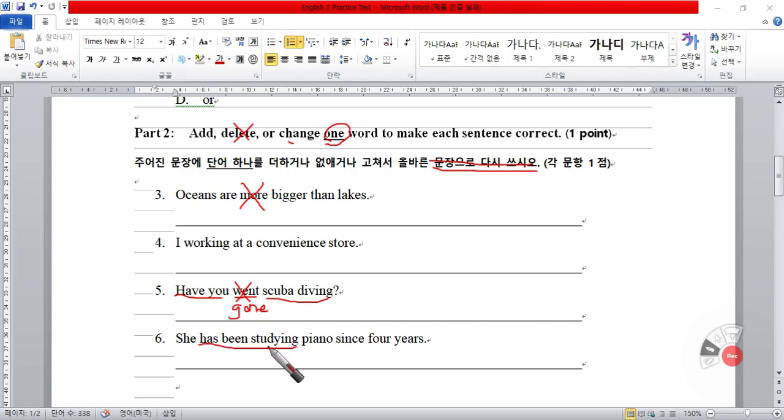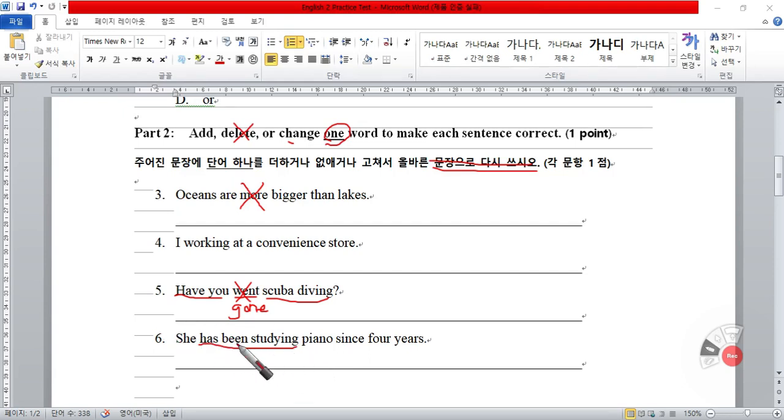Okay, so this is something that is continuing now and is something that has been going on for a long time. So whereas she is maybe playing piano right now, maybe she has been playing the piano since 12 o'clock, or maybe she has been playing the piano for 30 minutes, okay?